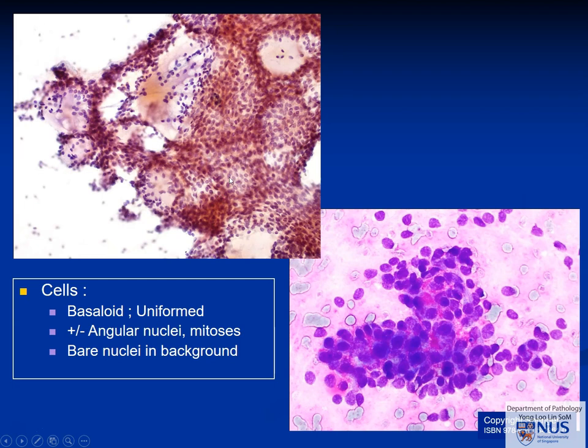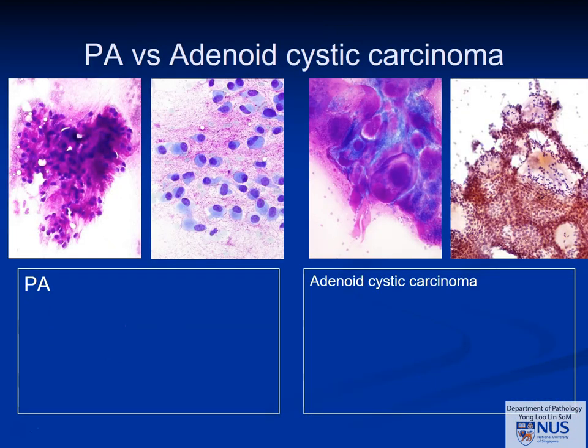The nuclei are often very oval, so the cells have a basaloid appearance, and sometimes the nuclei may be a little bit more angular, but often they are quite smooth and oval in appearance, and you might see mitotic figures. In my experience, these are not generally easy to find, and you may also see bare nuclei in the background, as you see here, unlike the cells with intact cytoplasm that you see in pleomorphic adenoma.